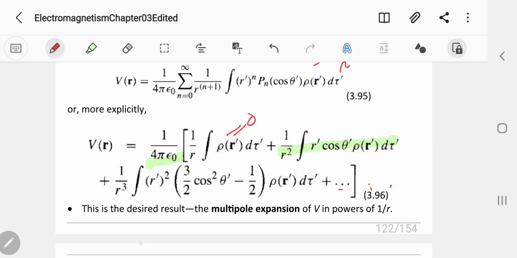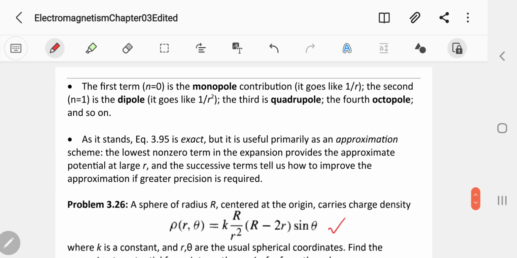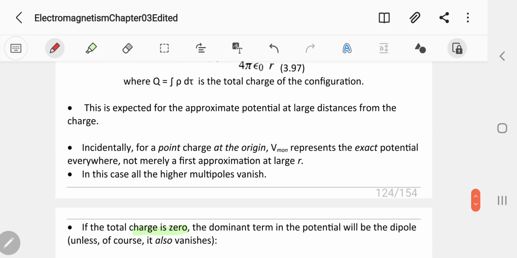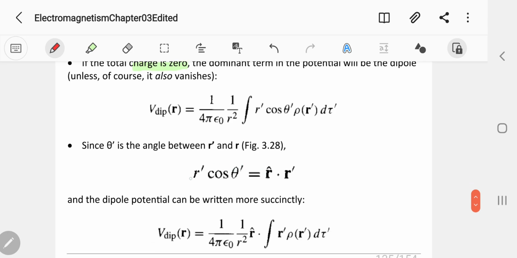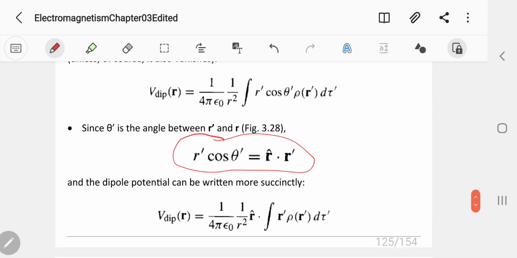Why? Because there is an approximation for the dipole which we have seen earlier. So this is the dipole, and r prime cosine theta prime will just be equal to this one, and so we can write this as this expression.